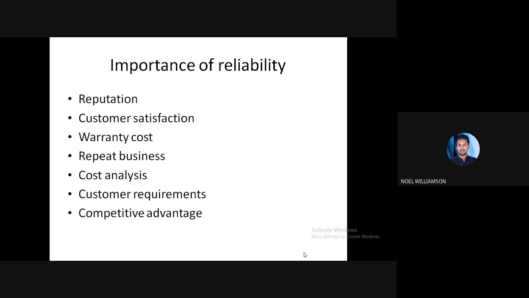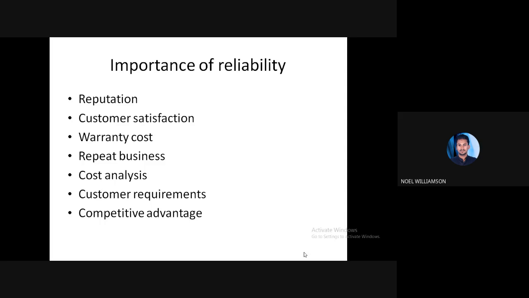Next, repeat business. Repeat business means that if a product is more reliable, then ultimately, along with reputation and warranty cost, there will be more customer satisfaction. The customers will be more satisfied, and due to this the business will be repeated.